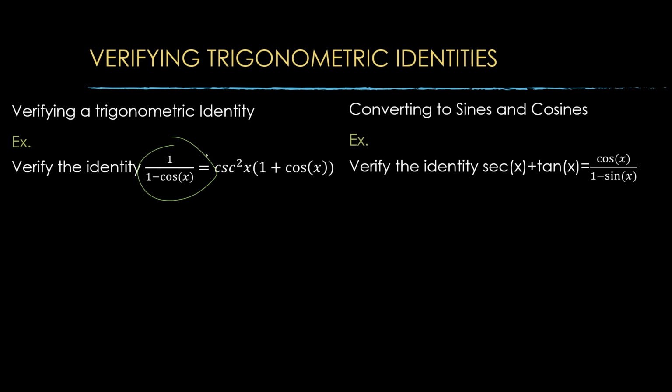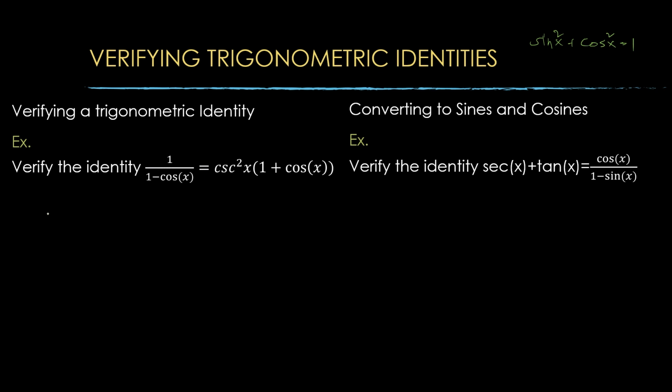We tried to multiply the fraction by something, and that something should lead us to our basic trigonometric identity, sine x squared plus cosine of x squared equal to 1.